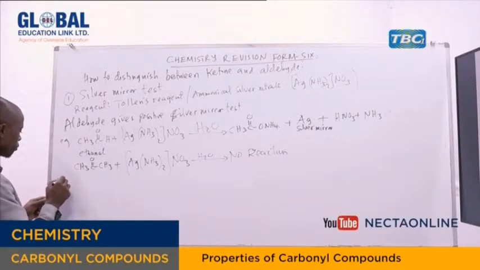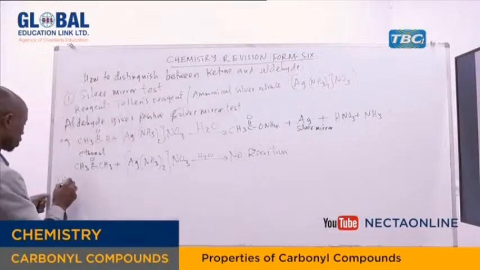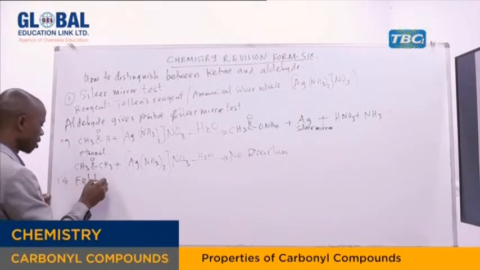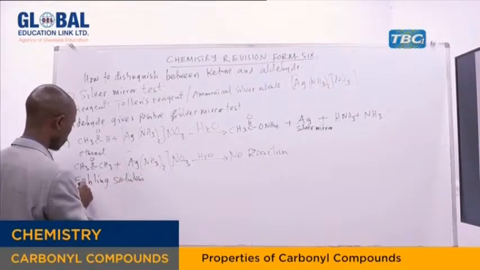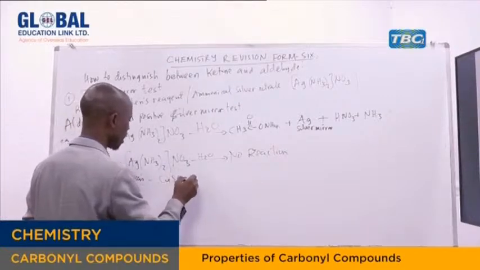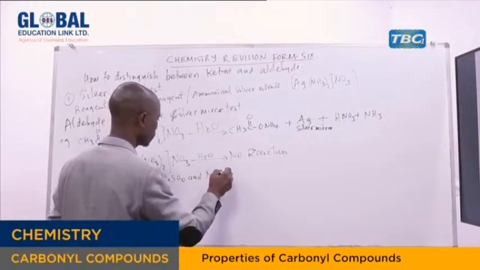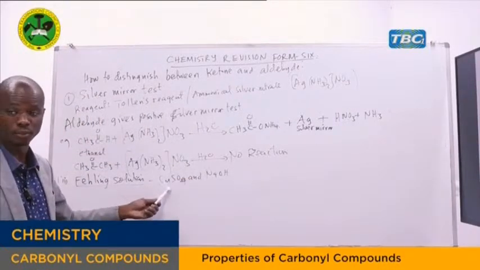The second way of distinguishing between ketone and aldehyde is by using Fehling's solution, which is a mixture of copper(II) sulfate and sodium hydroxide. Now, copper(II) sulfate contains the copper(II) ion.